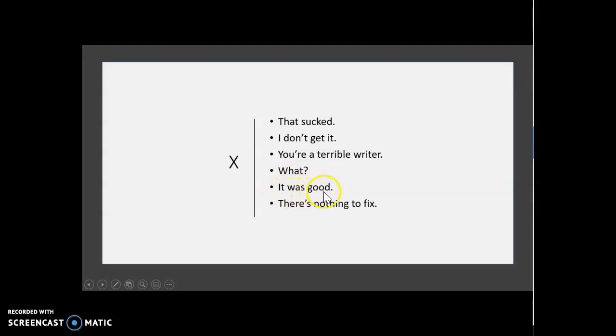This is my first worst one, and this is my second worst one. No one gets it right the first time. Even as Ta-Nehisi Coates said it, it takes a long time to get good at writing, and it takes a lot of perseverance. And saying "it was good," well, what was good? Can you be more specific? Positive feedback is awesome, and you need to be more specific about what was good.